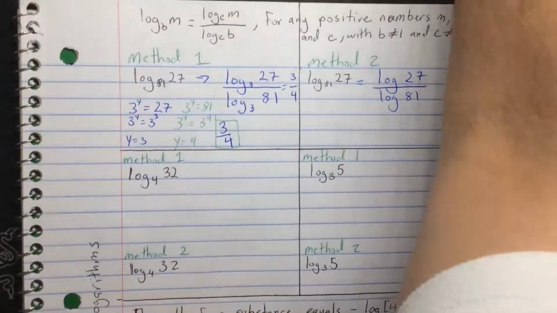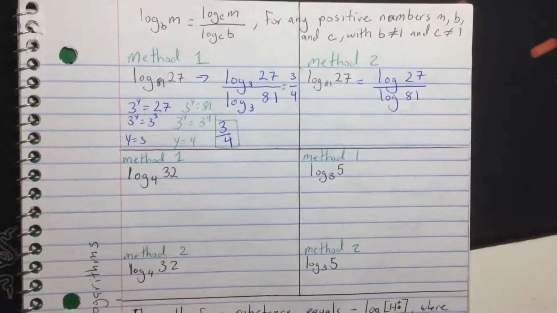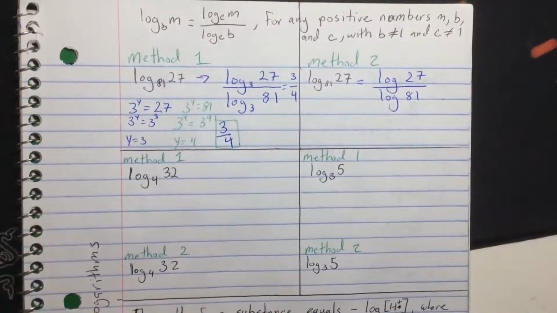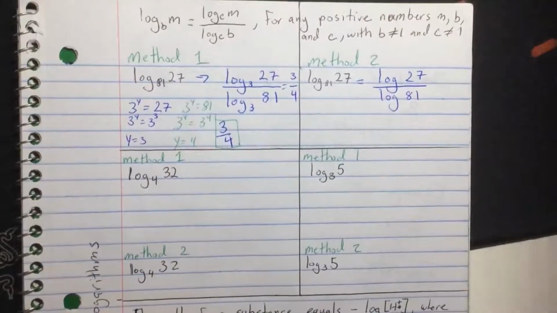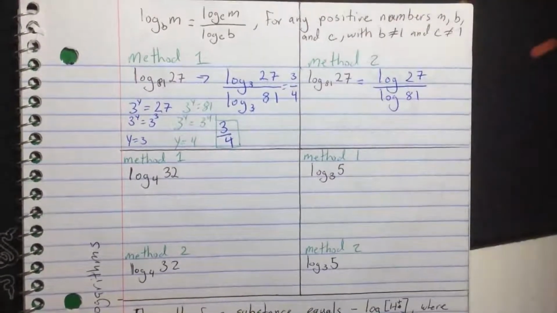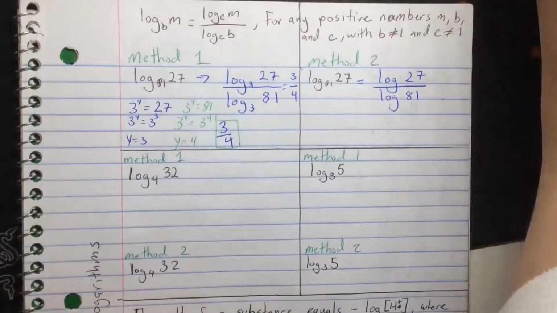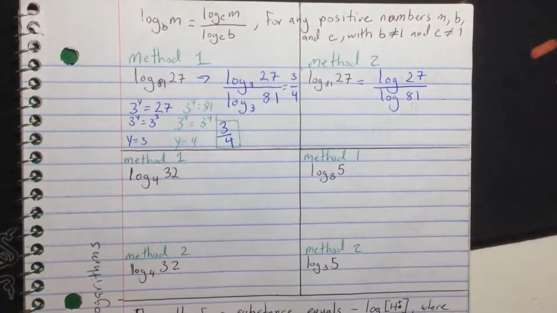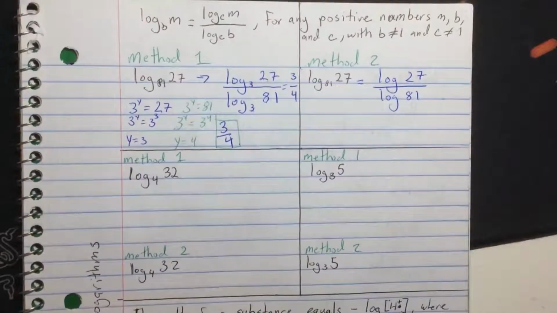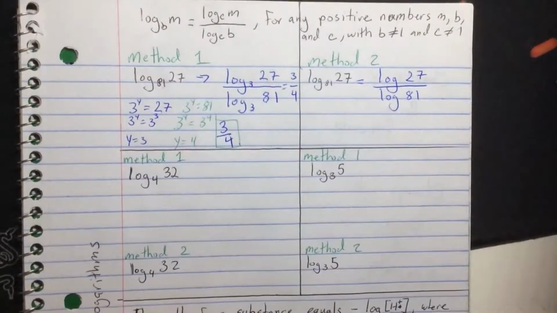So I get the log of 27 in parentheses, and we're going to divide it by the log of 81.